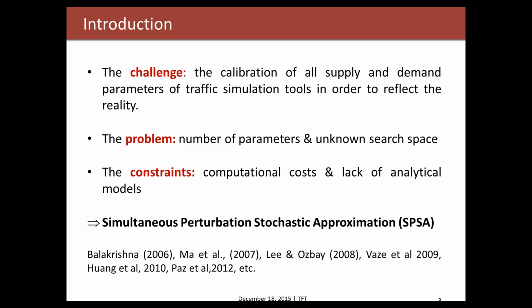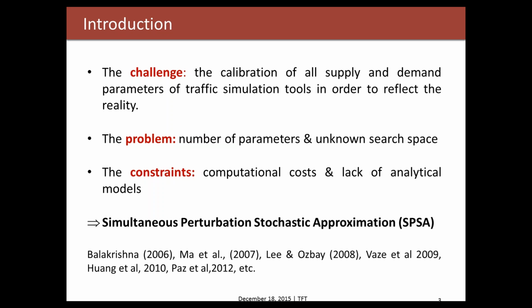For example, Balakrishna was one of the initial ones and managed to show the difference and the benefits of using SPSA compared to the regular finite differences and other non-simultaneous perturbation models.